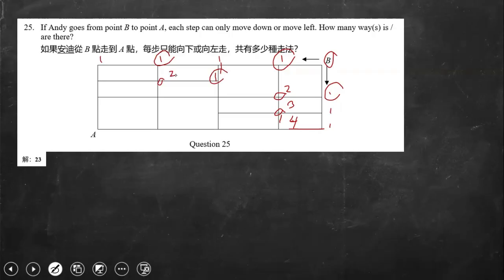So it's 2. Let me erase the 0 points. Okay, and then from here to here is 3. Okay, let's keep going until we reach A. Just adding 1 plus 2 here, we have 3. Then 3 plus 3, we have 6. And 6 plus 4, we have 10.